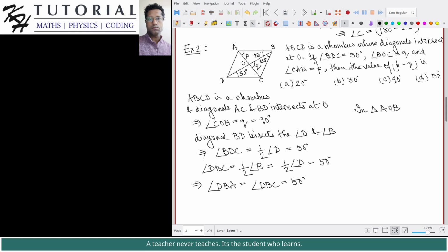So definitely we will have angle AOB will also be 90 degrees, since the diagonals are intersecting at right angles.